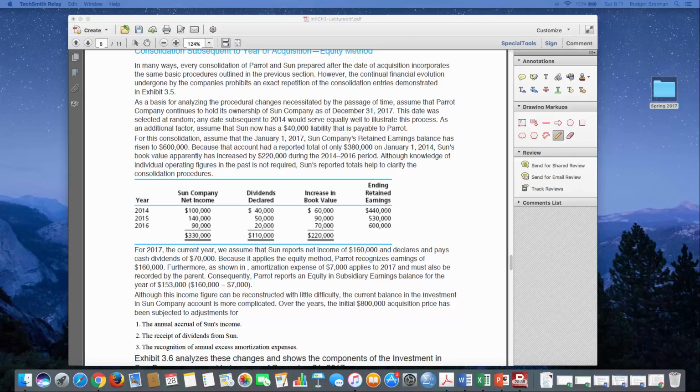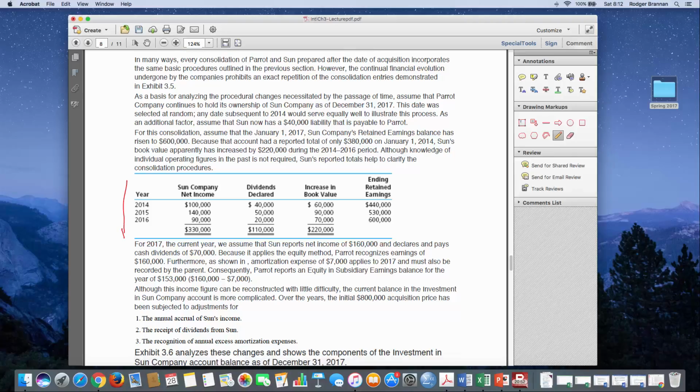Now, finally, what they say is, okay, fine, you've got that down for the initial acquisition, the initial consolidation after 1 year of operation. Well, what would you do if you had to go all the way to 2017? What would you do to create the financial statements?